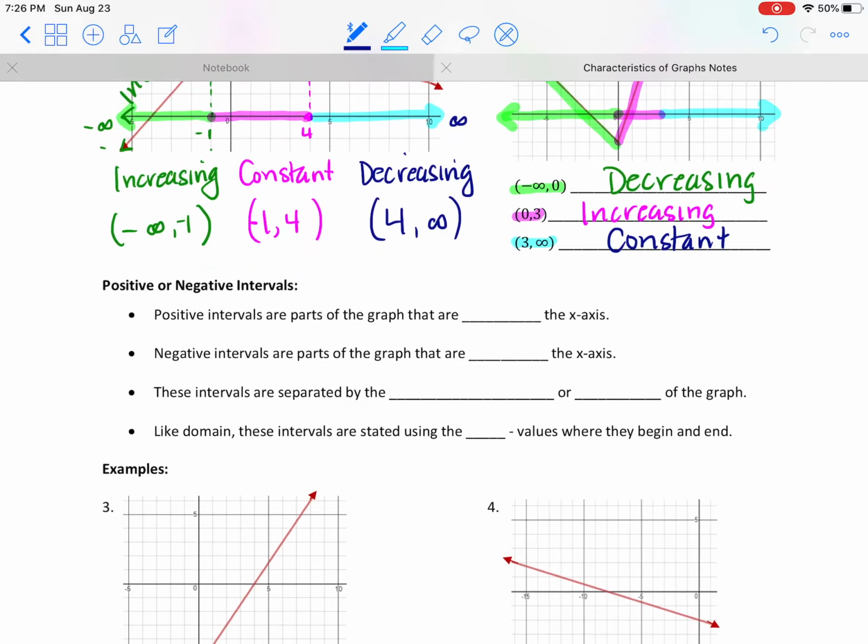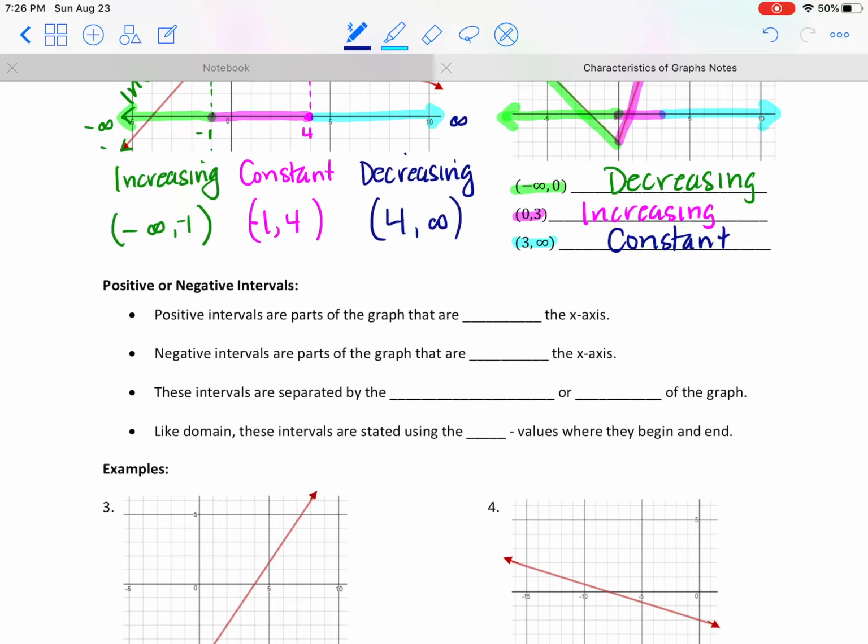And next we're going to be looking at distinguishing between positive or negative intervals. Now this gets confused a lot with increasing and decreasing because they sort of sound the same. But the positive and negative is not really talking about the behavior of the graph. It's not, is it moving up, is it moving down, is it staying flat? It's really just asking about the y values for certain sections of the graph.